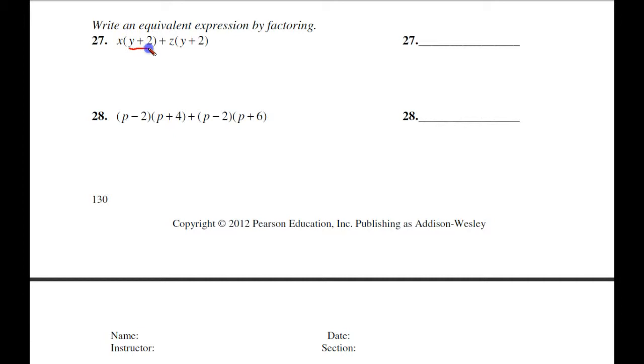Here, this is a common factor in each one. And if you recall from the previous lesson, we said we could factor these out. And I will, right here. So this is y plus 2.